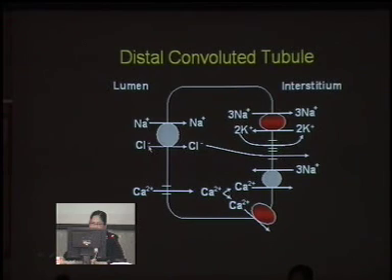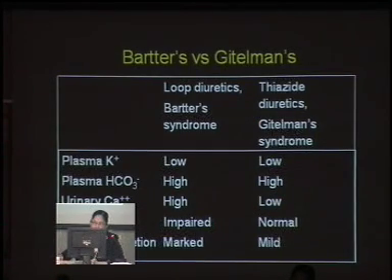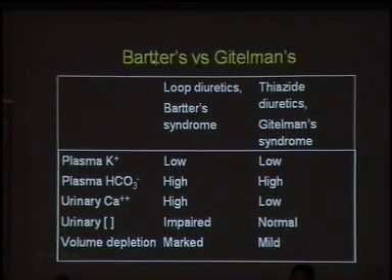It inhibits this transporter, so then you would lose sodium, lose potassium, and you would increase the blood calcium through this pump. So again, Bartter is Lasix, Gitelman is thiazide.